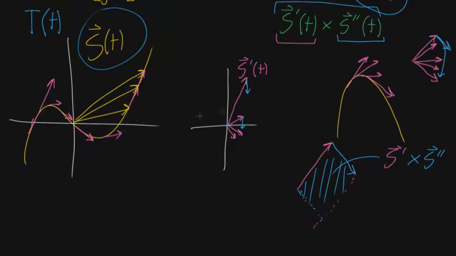But if we draw all of those tangent vectors just in their own space, their own little s prime of t space, you get all of these vectors, and we're rooting them at the same point to be able to relate them more easily. The way that you move from the tip of one of those to the next one is given by the second derivative. It kind of plays the same role for the first derivative as the first derivative plays for the original parametric function.